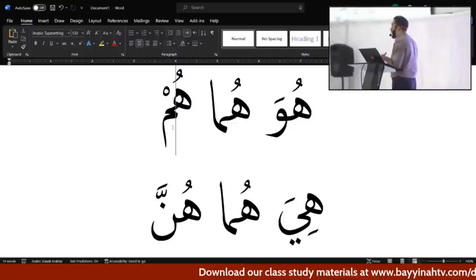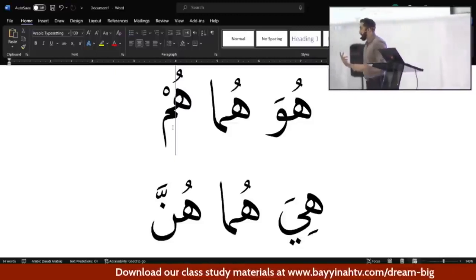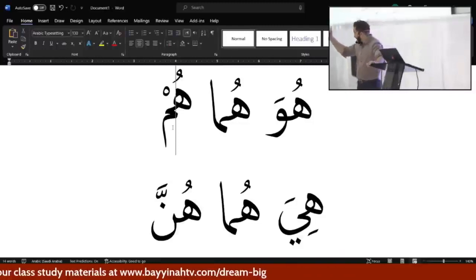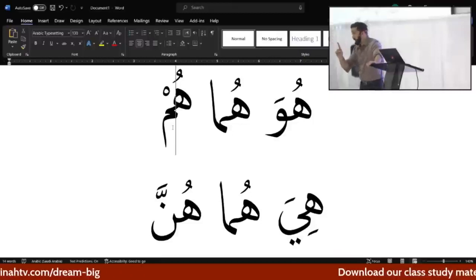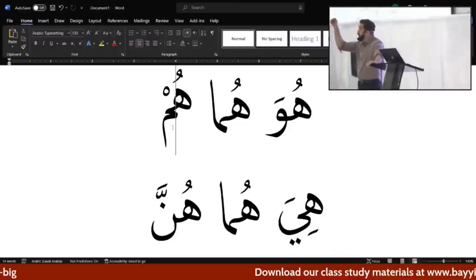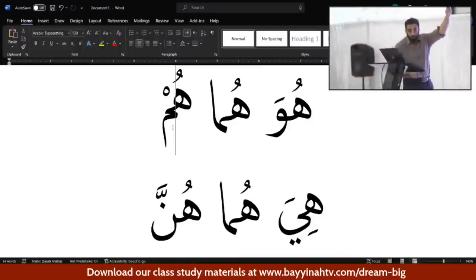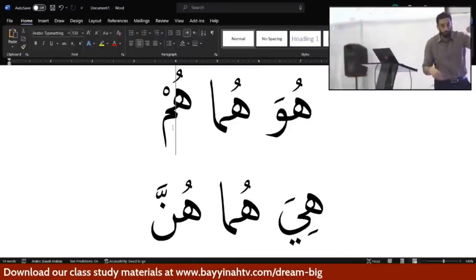So, for example, what are the two cousins of huwa? Who or he? Who could be nasab or jar, and he could also be nasab or jar. But if you want rafa', you have to go to the independent original one, which is what? So the rafa' version is huwa, the nasab version is who or he.